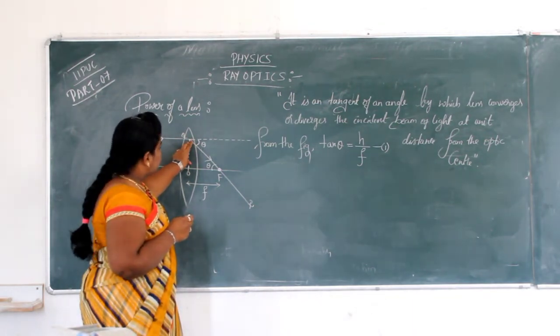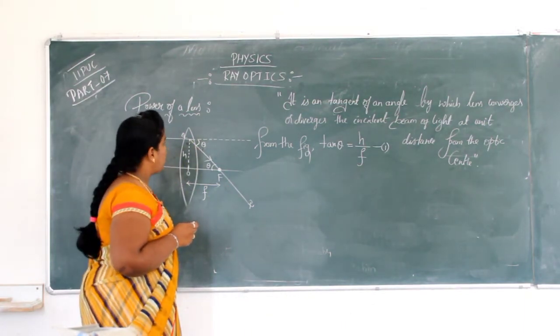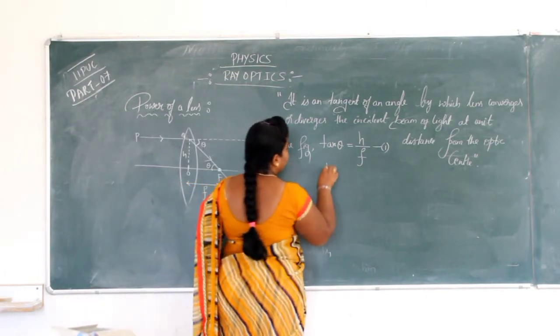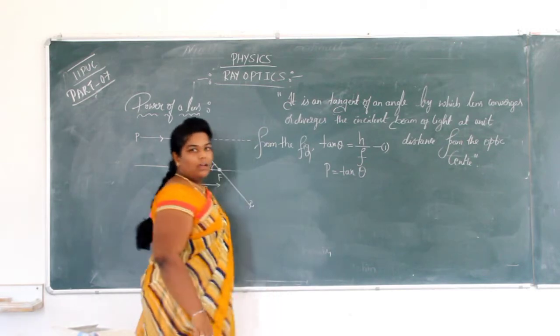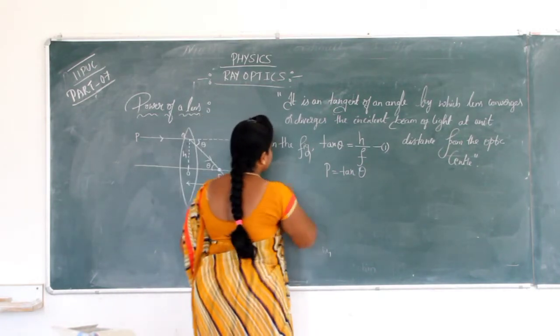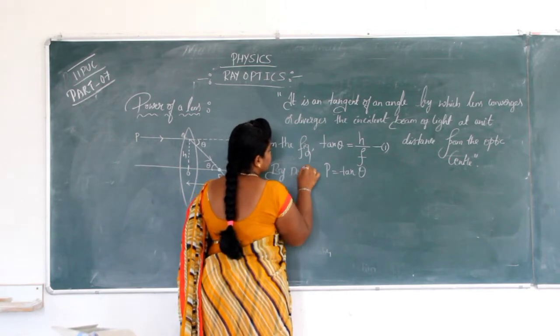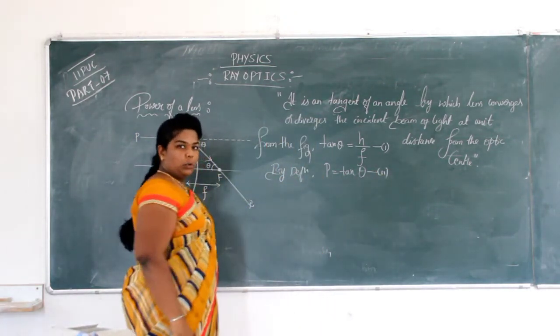So this convergence power or divergence power of a lens is simply the tangent of the angle theta. This is by definition. So power is said to be the tangent of the angle. Take it as equation number 2.